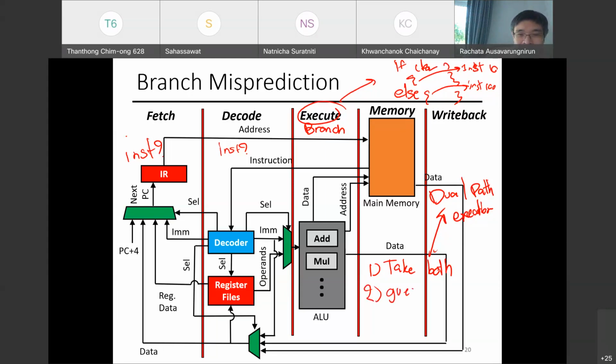Guessing is a real thing, right? Every single CPU in the world does this. They guess if it's going into the if or going to the else. There's a huge body of research on how to do that guess.